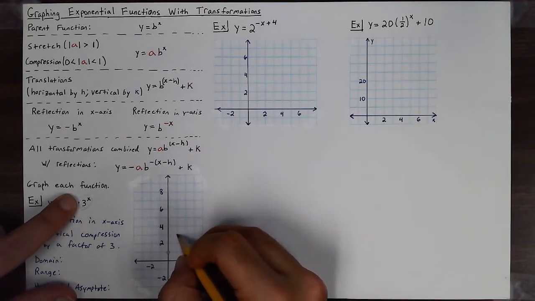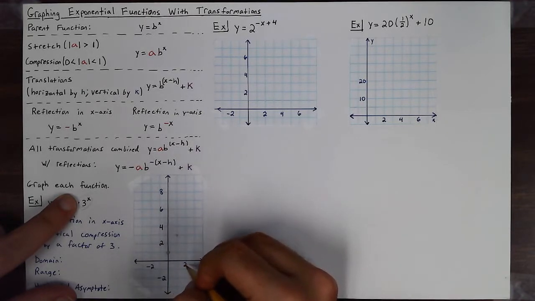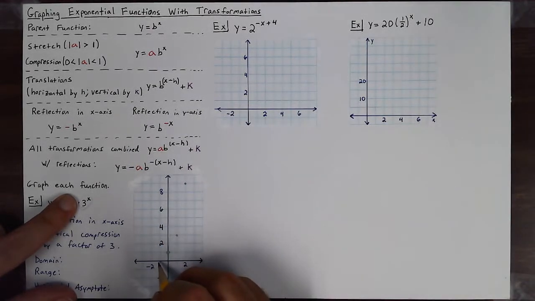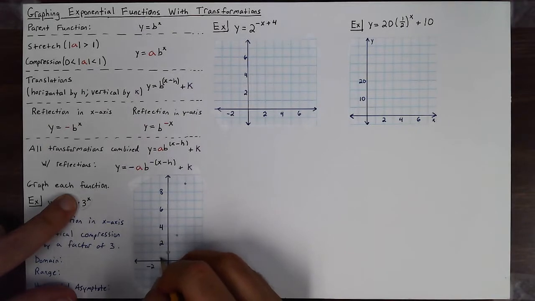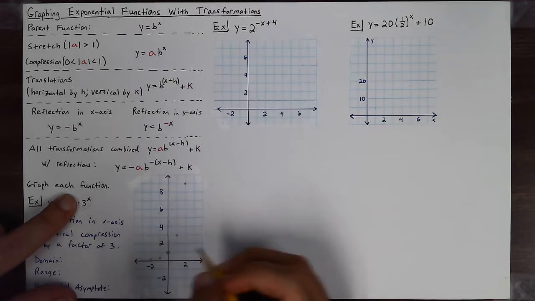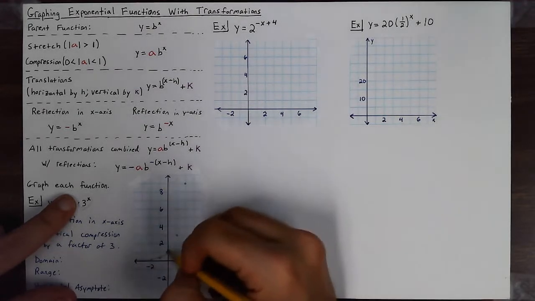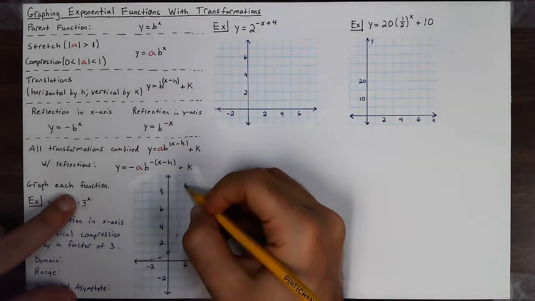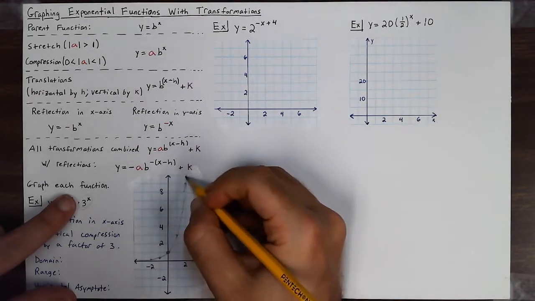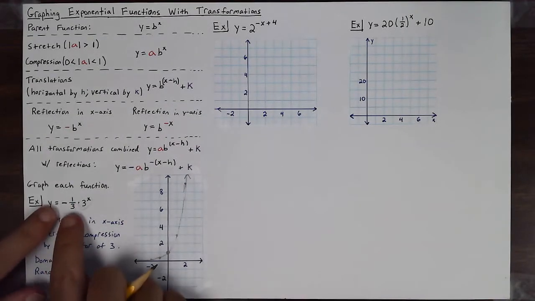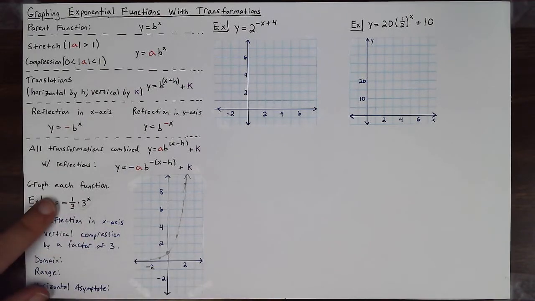3 to the first is 3, and then 3 to the second is 9. And then 3 to the negative 1 is 1/3, and 1/9 for 3 to the negative 2. So we'll see here that we get this exponential function. But when I apply the transformations, I'm ideally just multiplying each point by negative 1/3. Let's see what happens.